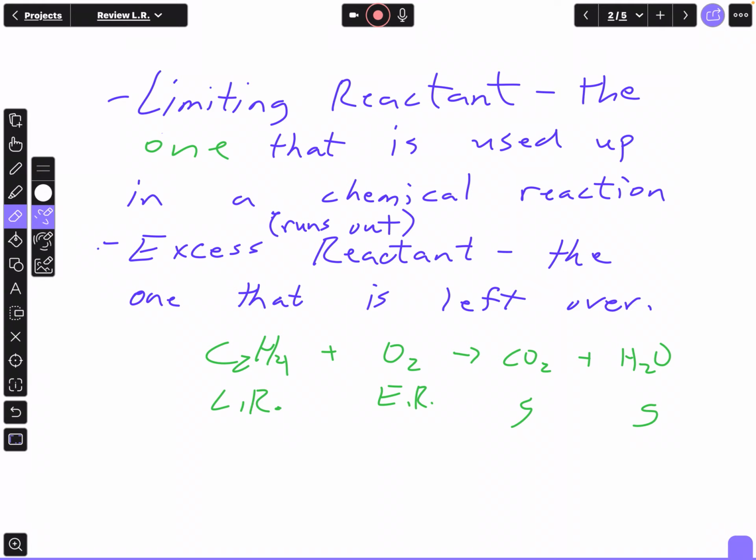And in these problems, the only difference from what we've been working is that in the beginning, the problems we worked were like, if I have 10 grams of C2H4, how many grams of CO2 can be produced? And it was just a 3-step stoichiometry problem. Well, now the problem is giving you the amount of both reactants.